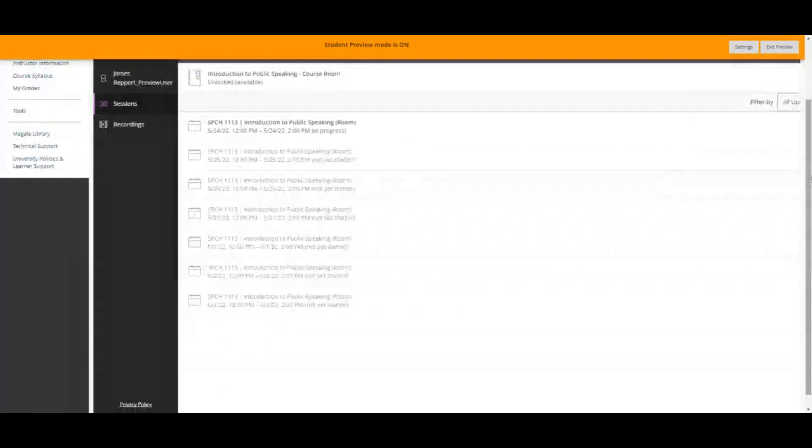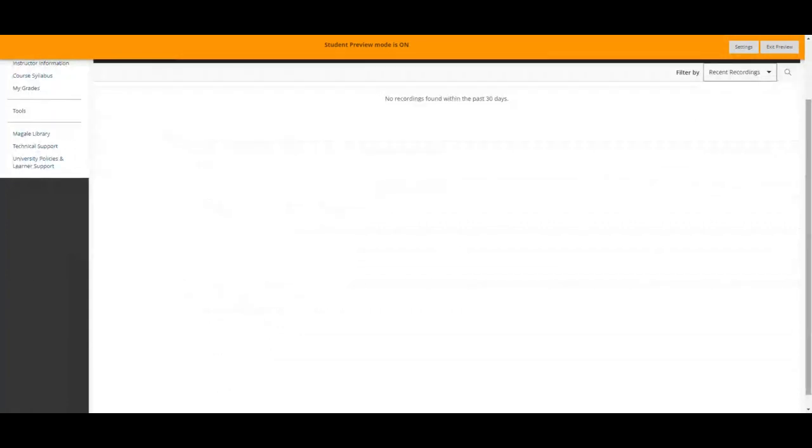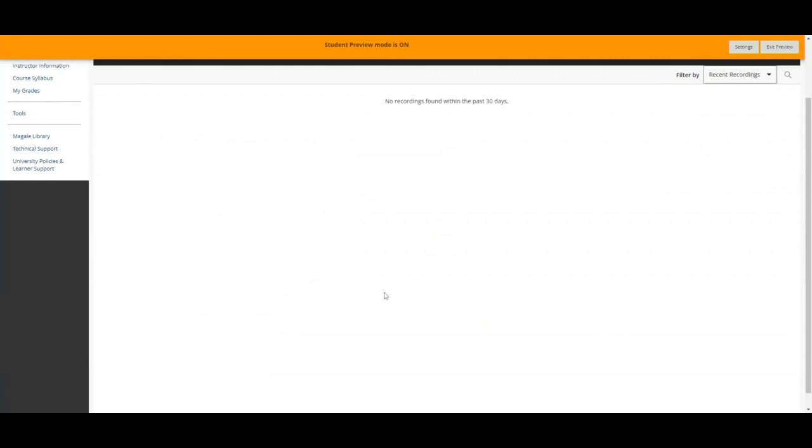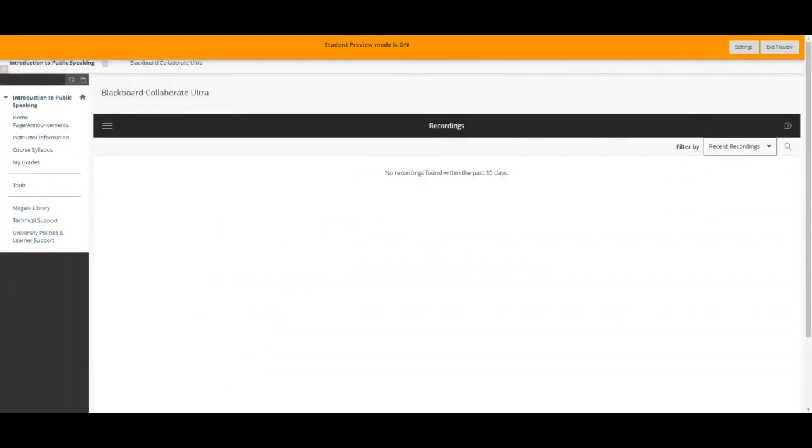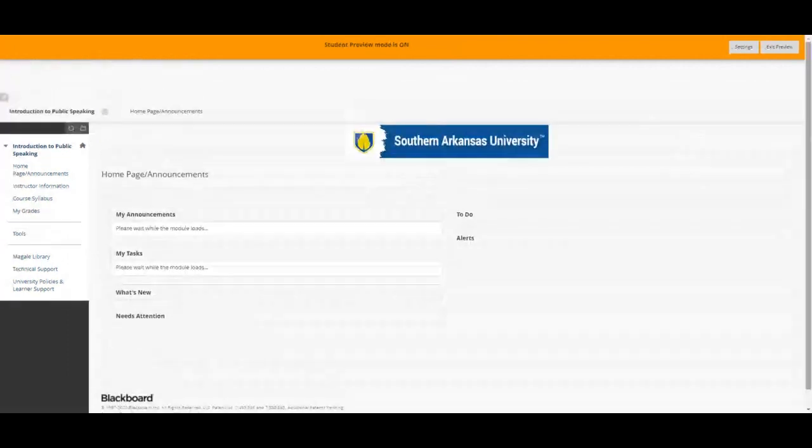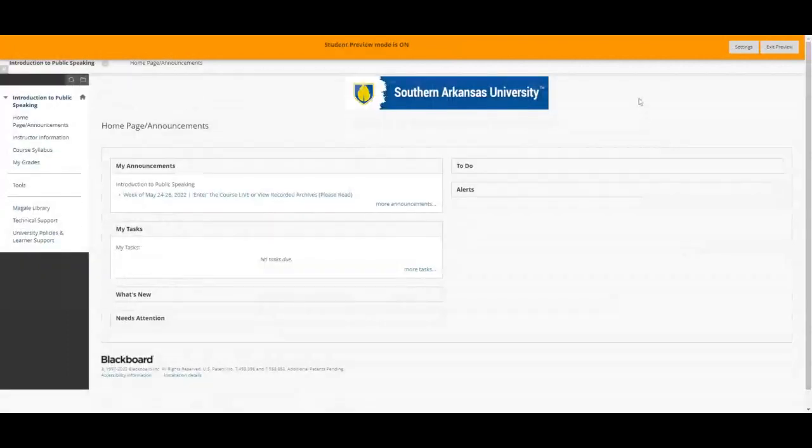Go to the bars on top, find the menu, click on recordings, and usually within about an hour or so, usually no later than 3 p.m. on our 19 course days, is when you're going to find access to information with video recordings in this window. I'll probably have them categorized from session 1 through session 19. That brings us back to the beginning of the course.